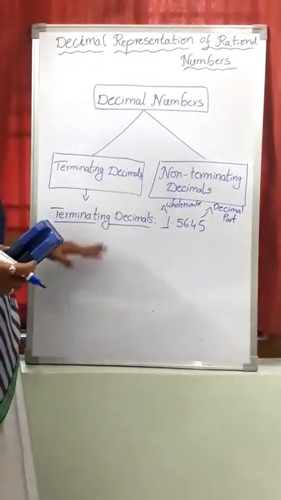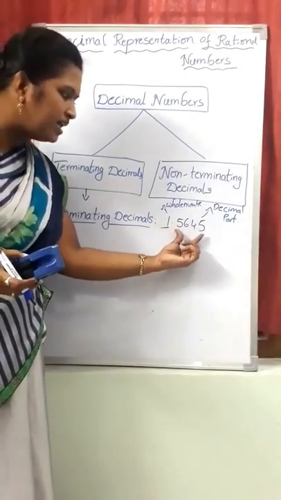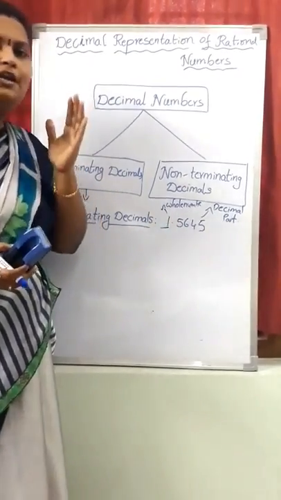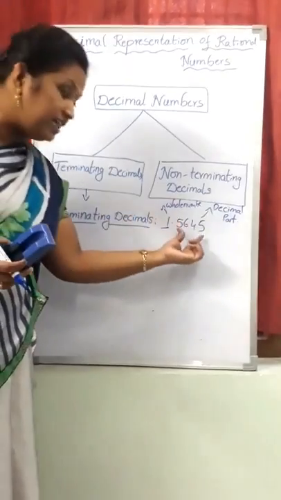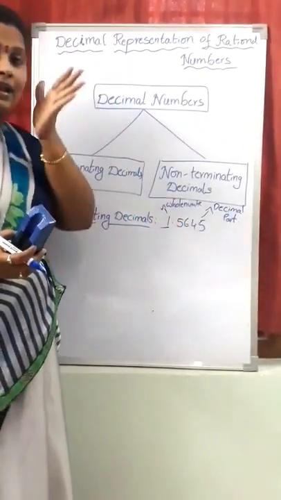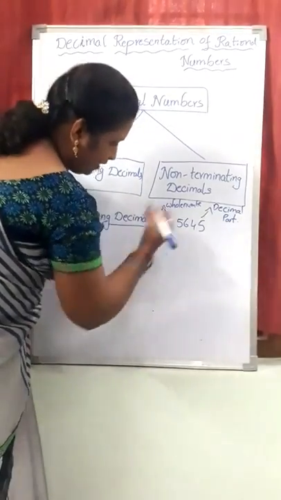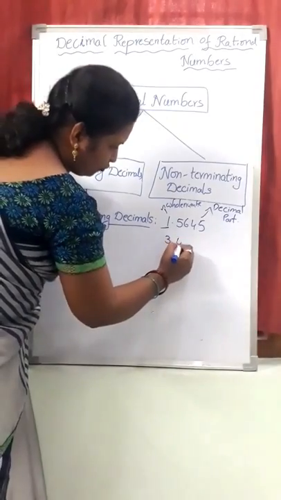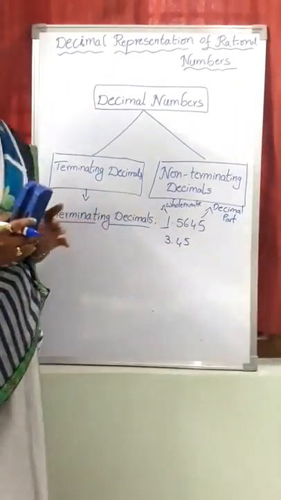Now in a decimal number, if the decimal part consists of only a limited number of digits, for example one more, 3.45, here also we are having only 2 digits in the decimal part.